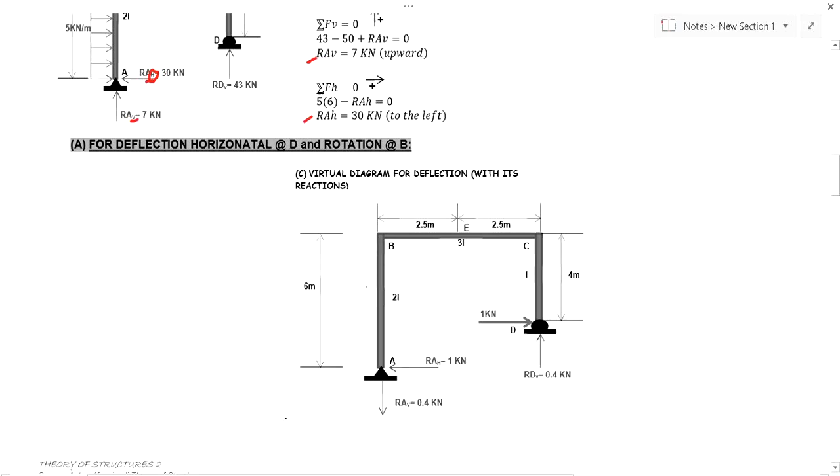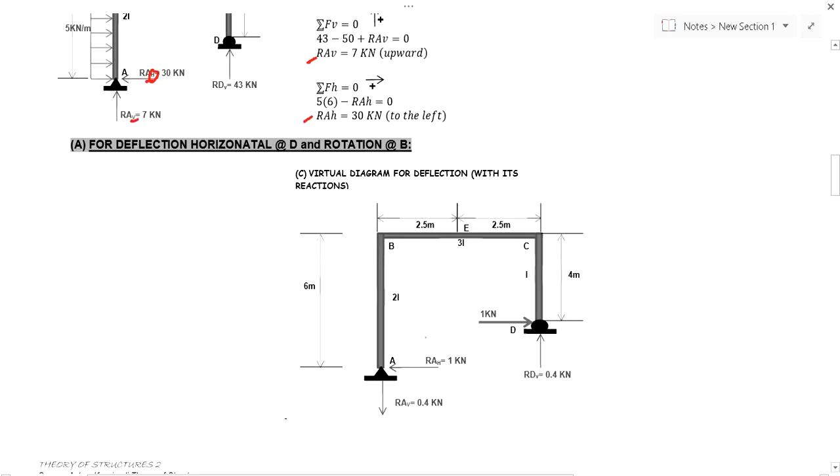There is no load, the uniform load on AB and BC are removed, and replaced with a unit load at the location of the deflection you want to solve. For the rotation, you remove all the loads, then replace them with a unit couple on your desired location.